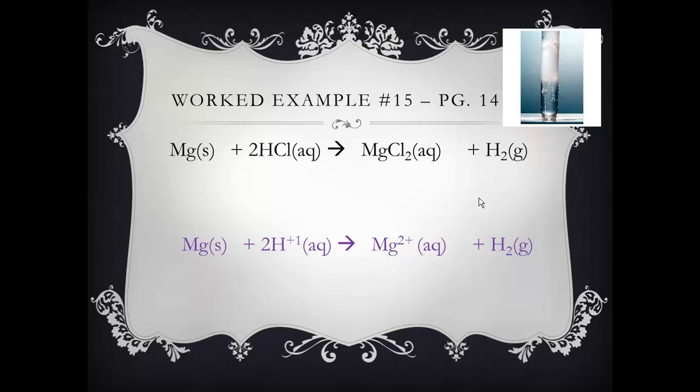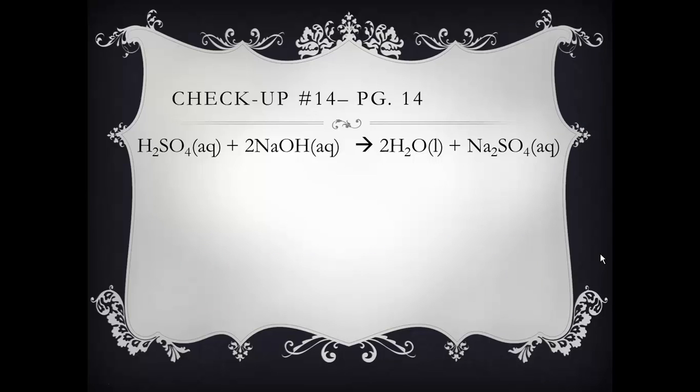Chlorine goes from AQ to AQ, so chlorine is the spectator. So the final equation would be Mg plus 2H+ yields Mg2+ plus hydrogen gas. Notice it's balanced, 2 hydrogens, 2 hydrogens. That means there's a total 2+ on the left hand, a total 2+ on the right, so you're good to go.